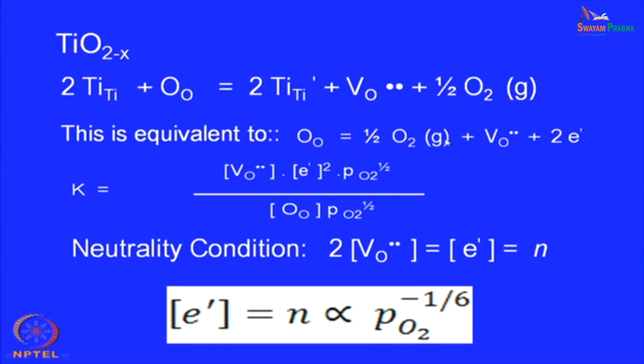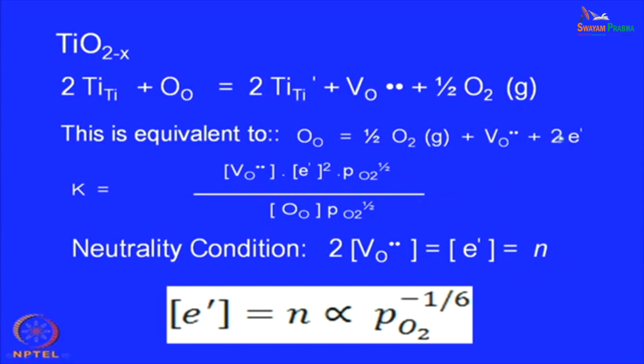And once again, this is the final equation, only on the metal oxygen sublattice. This is the regular oxygen site, this is half O2 gas which is going out, and as a result you are creating oxygen vacancy, and for charge compensation you have to create 2 electrons, not holes this time.